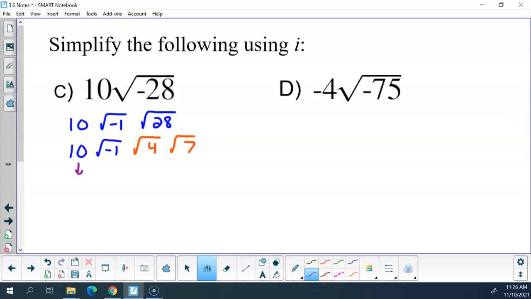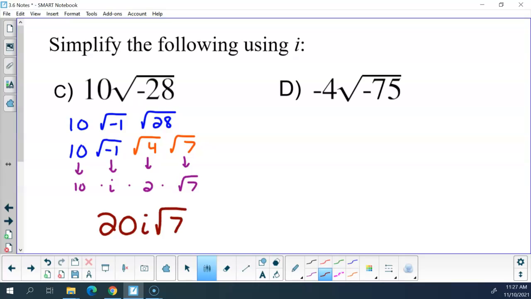So 10 is 10. Square root of negative 1 is i. Square root of 4 is 2. Square root of 7 is the square root of 7. 10 times i is 10i. Times 2 is 20i. Times the square root of 7 is 20i times the square root of 7.